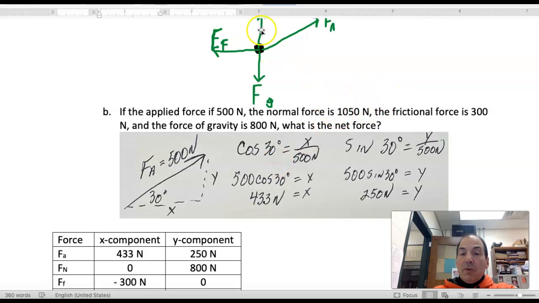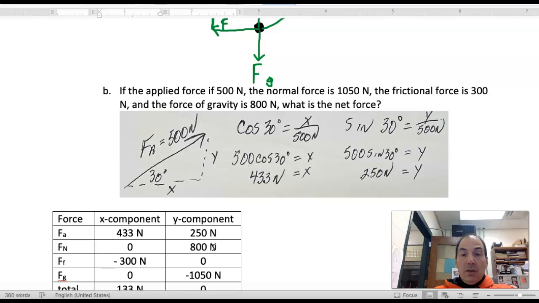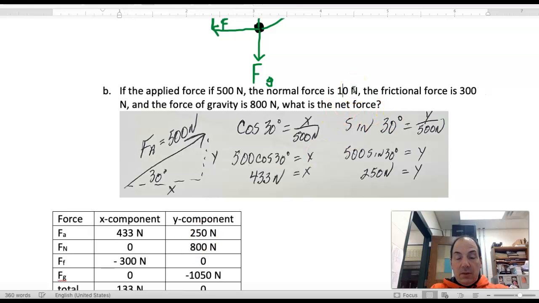So the normal force is going upwards. That's positive y. Wait, do I have these in the wrong order? Oh, there's a typo here. That's why. The normal force was 800 on your sheet, and this was 1050. Anyway, so the normal force, positive y, 800 newtons.